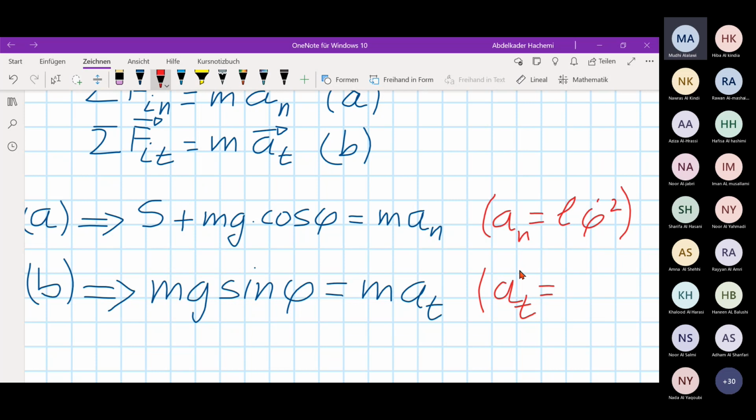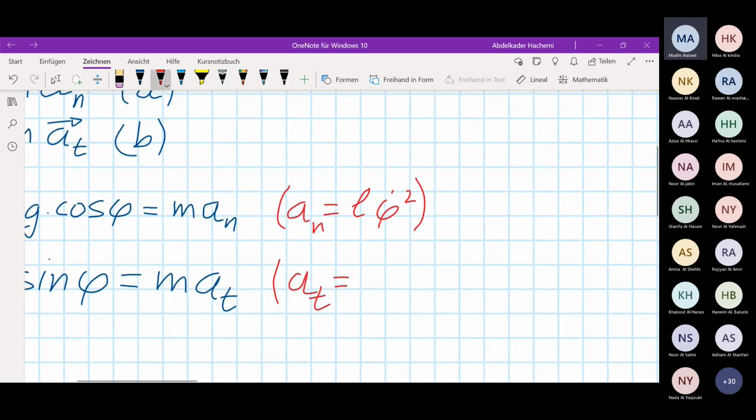Then we have here L phi double dot. This is the expression for a t.